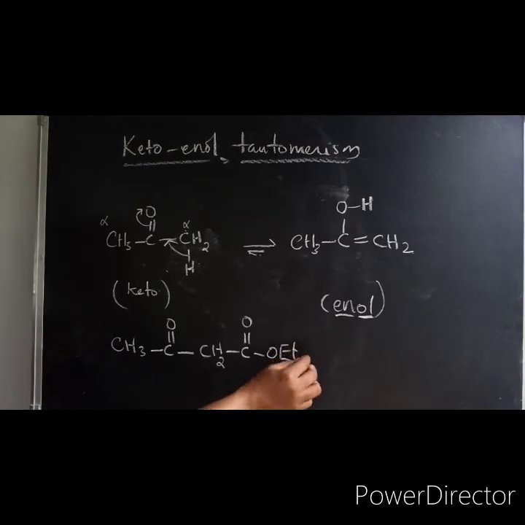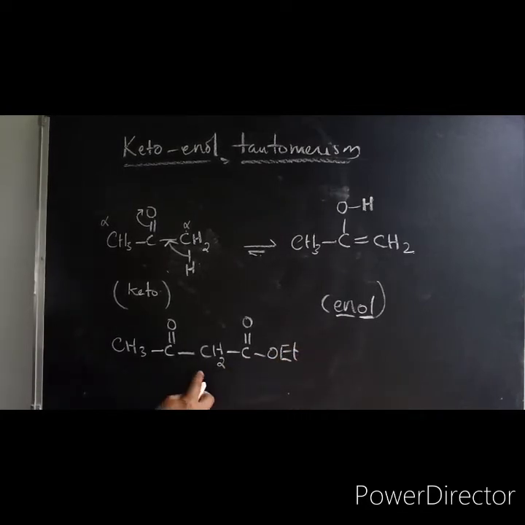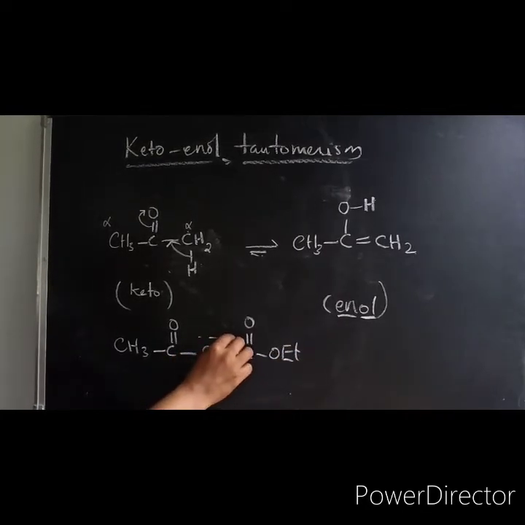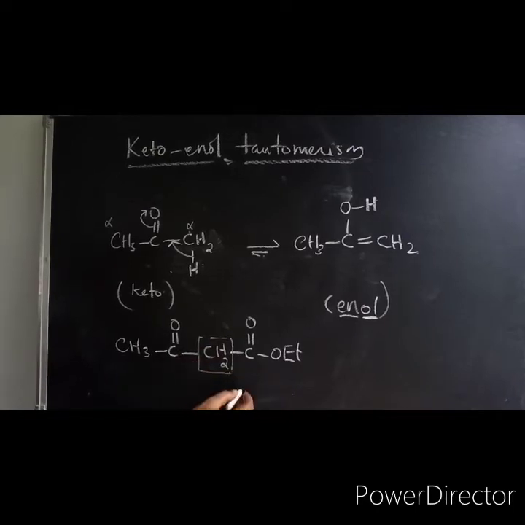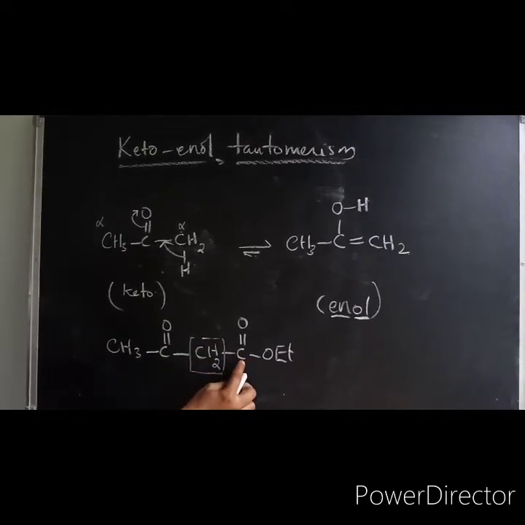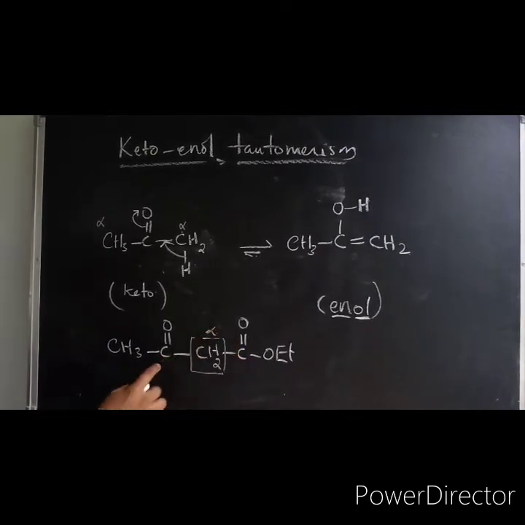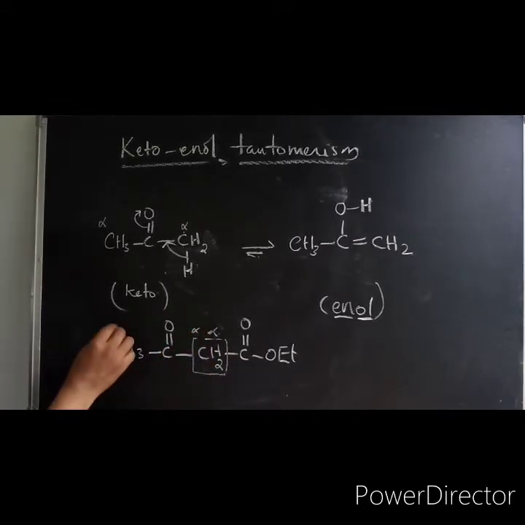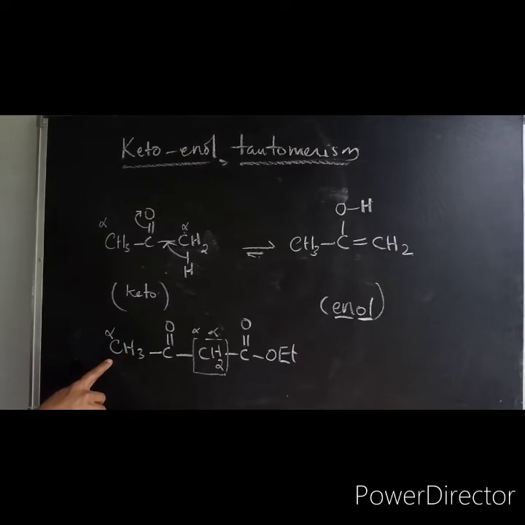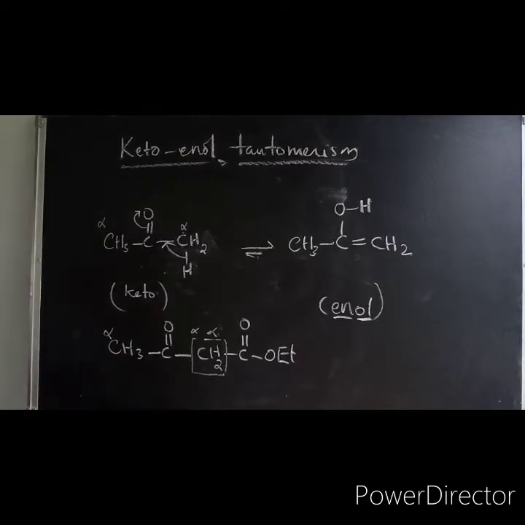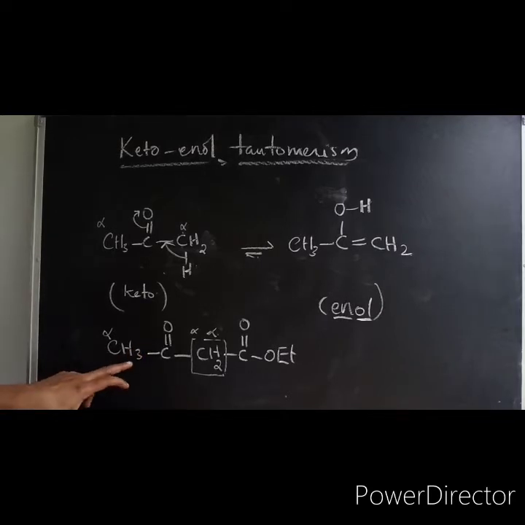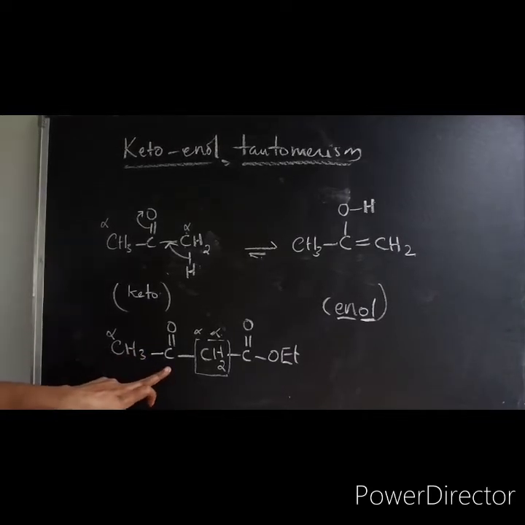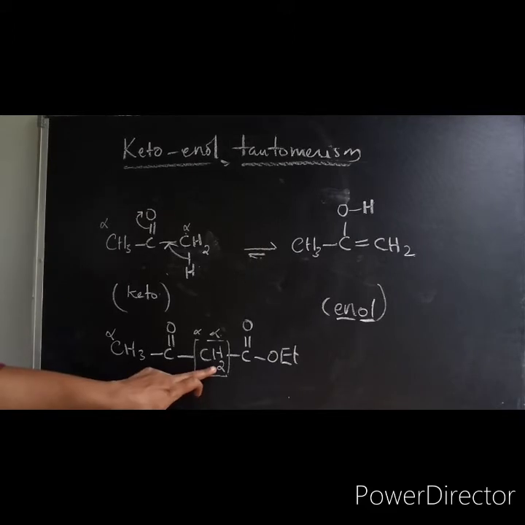Now, this CH2 is alpha to this ester carbonyl, and it is also alpha to this ketone carbonyl, and here also there are alpha hydrogens. So which one will be more acidic? That is what we have to look into. This CH3 is acidic, but compared to it, this CH2 will be more acidic. Why?